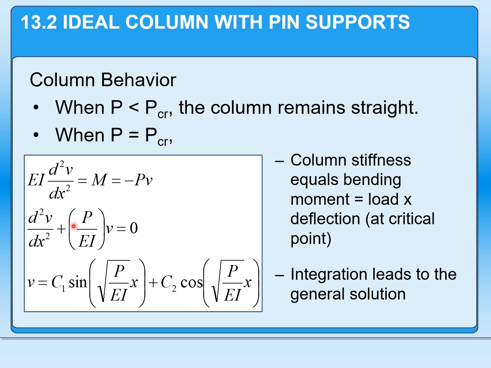And this is going to depend upon our force, our modulus of elasticity, our moment of inertia, and the initial displacement magnitude. If we go through and integrate it, we can determine a general solution to this problem. Our general solution is that we have a constant times sine of this quantity here times x, plus another constant times cosine of this general quantity here times x. Problem is we need to know what these constants are.